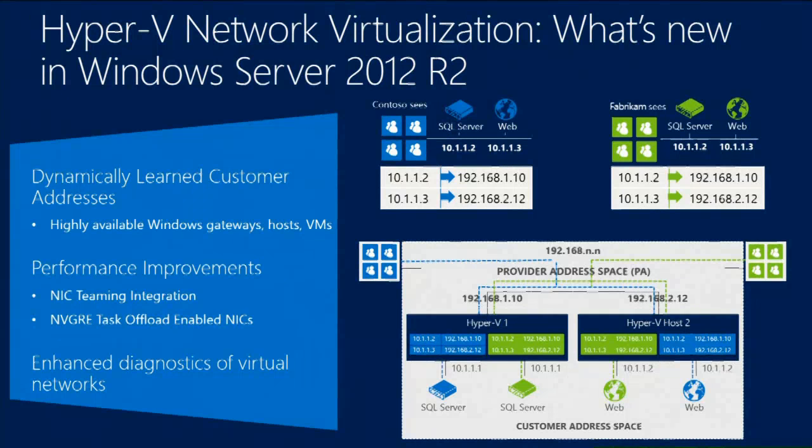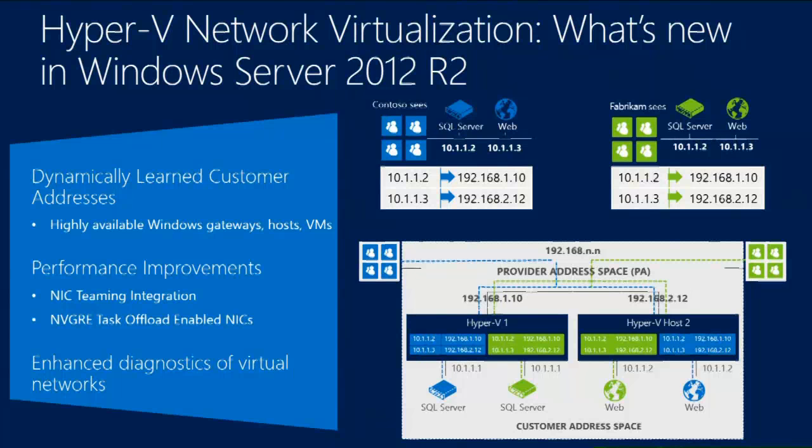So while in the 2012 timeframe, we allowed customers to bring in their IP addresses, now we allow customers to bring in their DHCP servers. We allow customers to bring in their guest clusters, their host clusters. They can statically assign IP addresses to VMs, and all that just underneath the covers works. There's no manual reconfiguration needed for any of those scenarios to work.